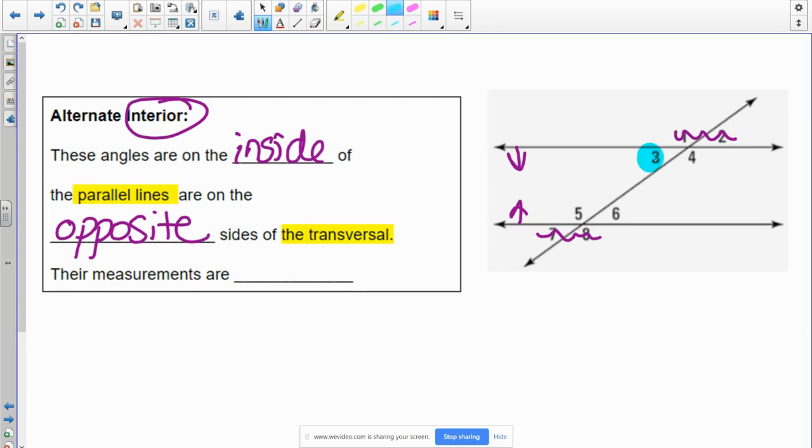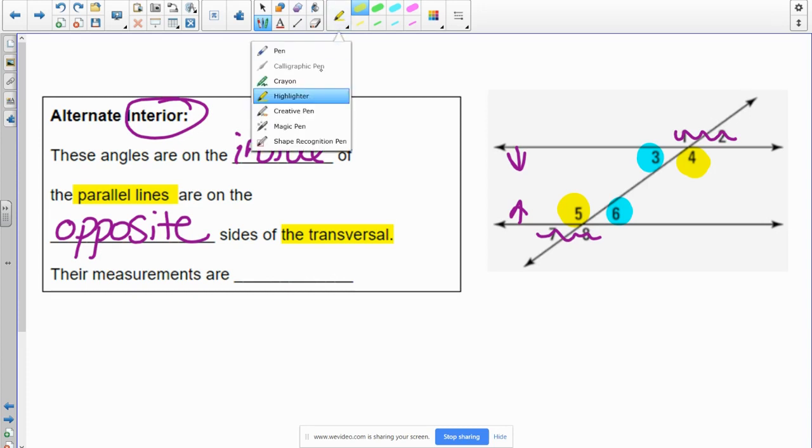If we're looking at angle 3, your alternate, so every other, opposite sides. So we're going to skip 1 and do 6. That means alternate, if that helps you. Or by definition, if it's on the left side, we're looking for the angle on the right side, but not the one next to it. So you've got to skip 1. You've got to alternate 1. And then angle 4 and angle 5.